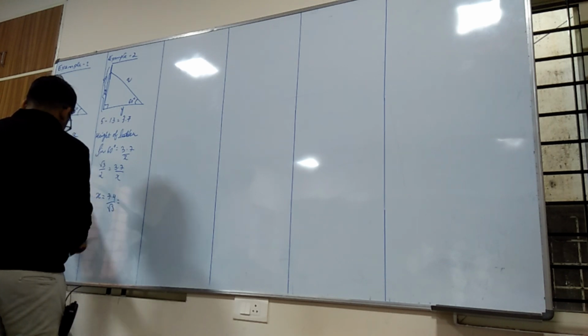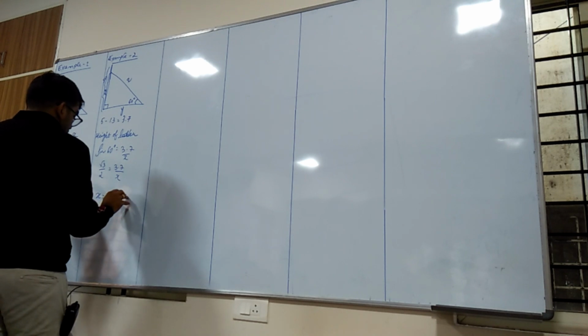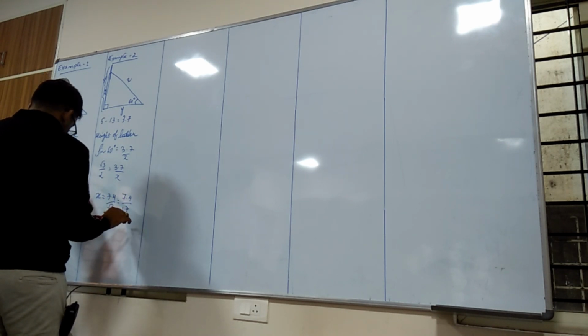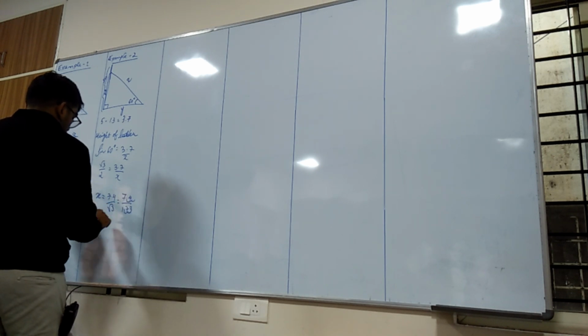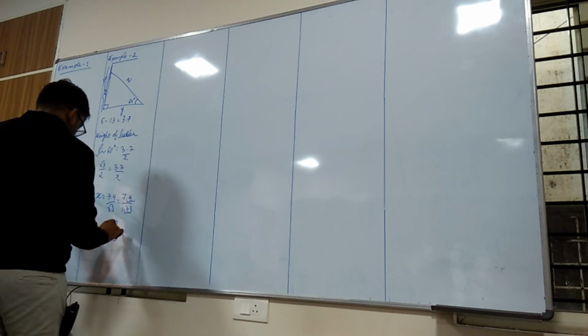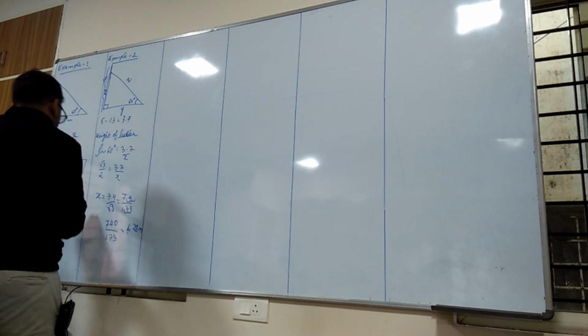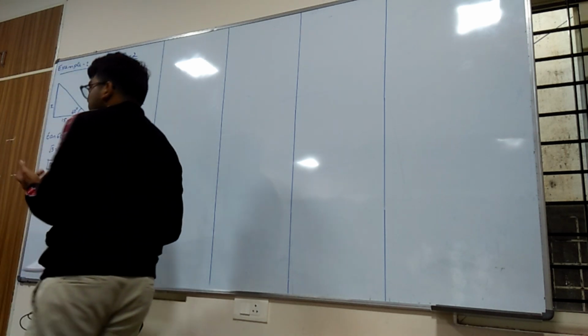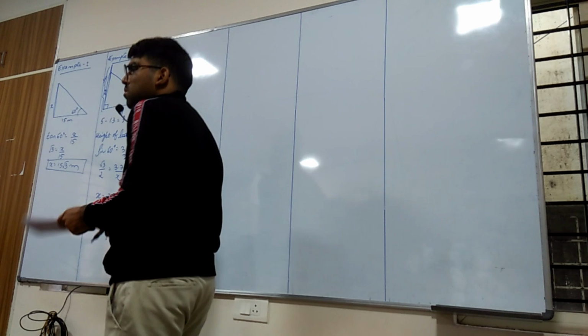What will it become? 7.4 by 1.73, so 740 by 173. So what is it? 4.28 meters. Clear? These are all simplifications you people should do.